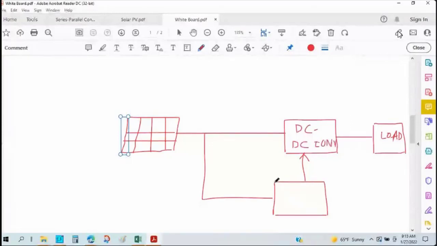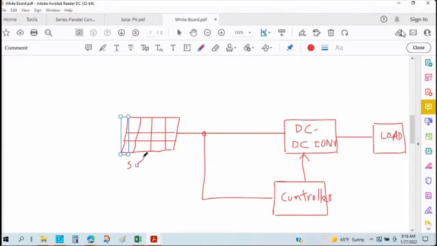Here is the controller. DC-DC converter means it converts DC to another DC. Because the load is DC, right? So this is the solar panels.